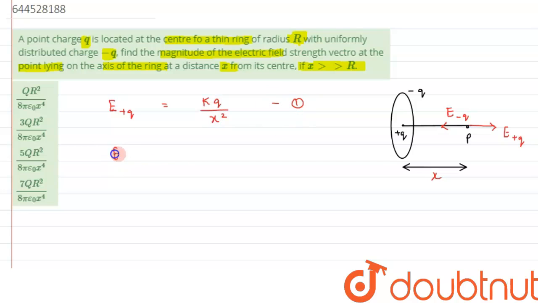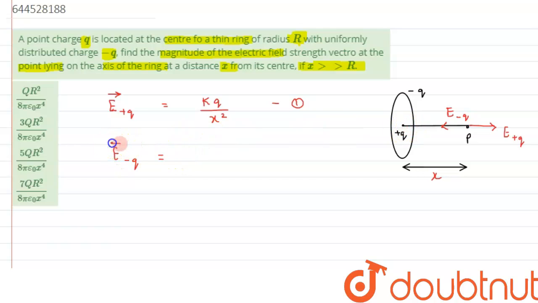Similarly we will write the electric field intensity due to the negative charge on the ring. But before that, let's define the direction of both electric fields. Since electric field due to positive charge is towards right, we can take towards right as positive, and in vector form we can write it as kq by x square for the electric field due to the small charge plus q.